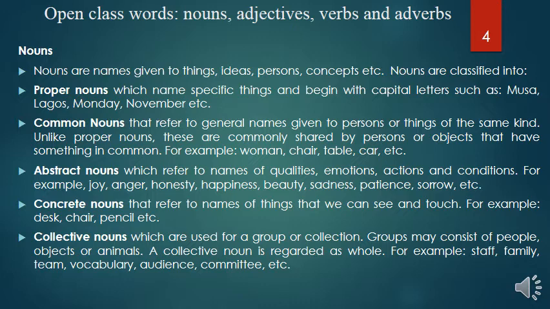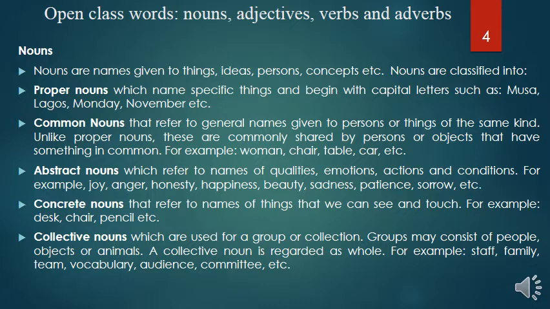Common nouns are nouns that are given generally. That is, they refer to the general names given to persons, animals, place, things, and so on. Unlike proper nouns, these are commonly shared by persons or objects that have something in common.